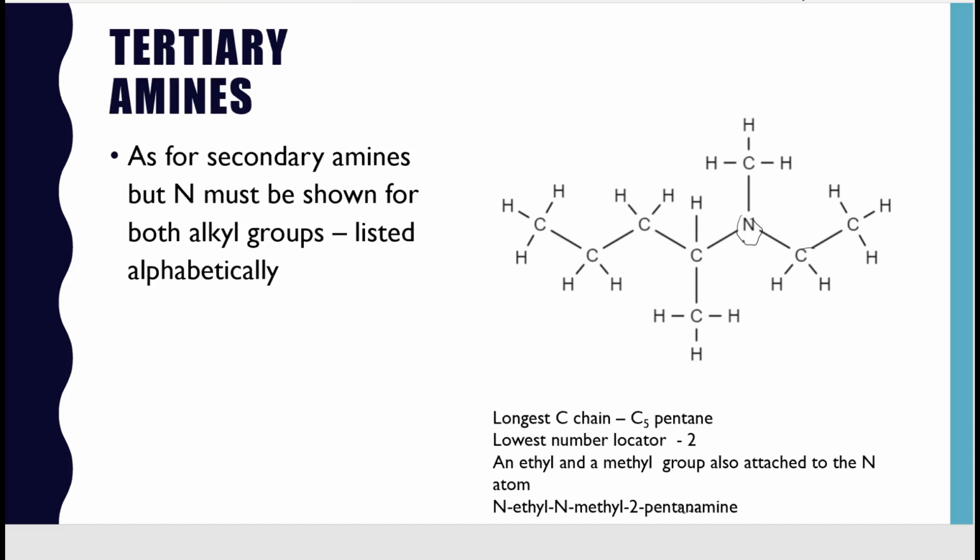So we need to determine which is our longest chain, and our longest chain is coming along this way here. So to the left, this will be our carbon 1, our carbon 2, 3, sorry, tricked again. Down here, carbon 1, carbon 2, 3, 4, and 5.